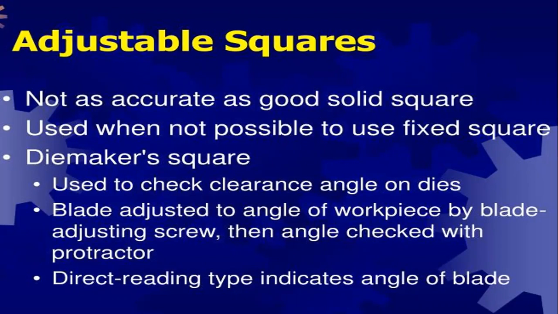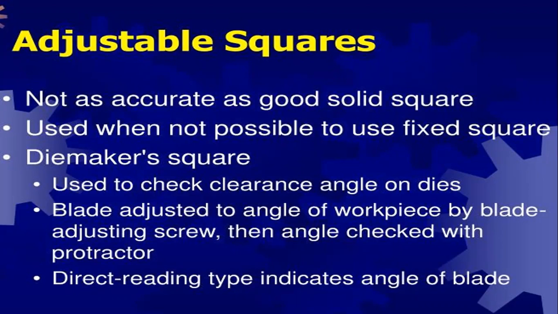But when it is somewhat different, it has some angle on it. Next one, it is the direct reading type that indicates the angle of the blade. So it has the direct reading type indicator, which is used to indicate the angle of the blade also.